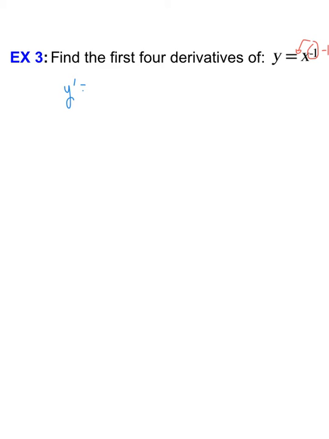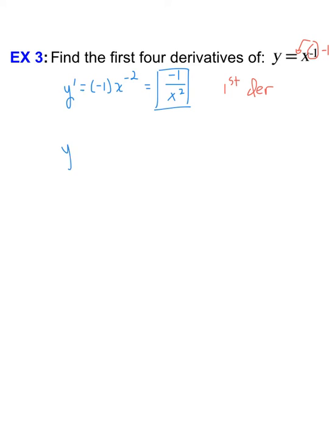And so we end up with, and I'm going to keep writing the numbers I'm swinging in front of the power so you can see where I'm coming up with my numbers, a negative 1 in front, x to the negative 2. And so we have to write that without negative exponents. So we get negative 1 over x squared. So there's our first derivative.